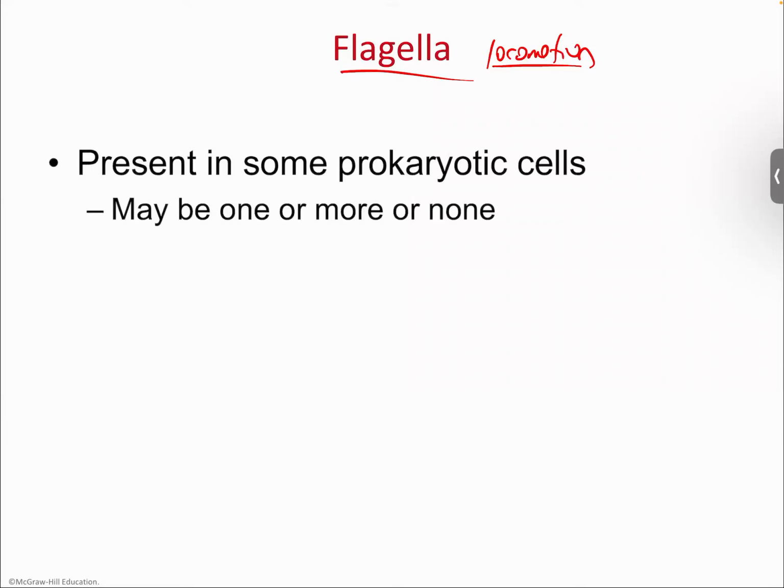Okay, so let's take a look at one important structure of the bacteria, the flagella, right? Because the flagella is necessary for locomotion. Got to have this one. So first of all, when you take a look at this, bacteria have flagella. They can have one or two or three. They can be in all places. They can be multipolar. So you could have a bacterium that could have one flagellum.